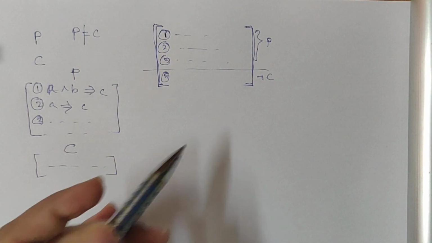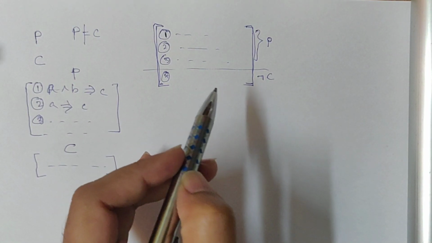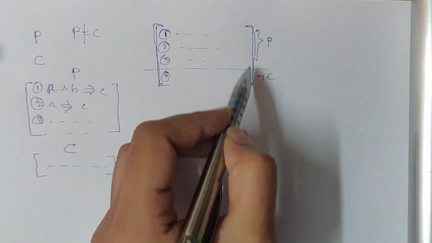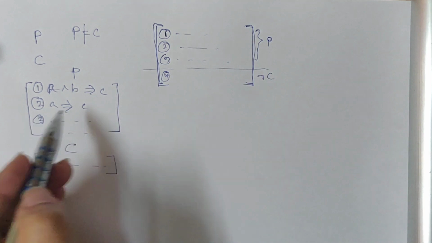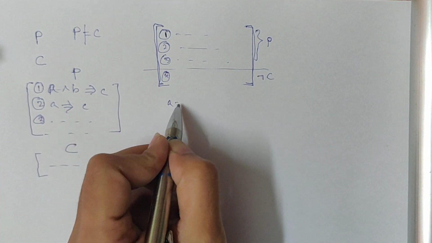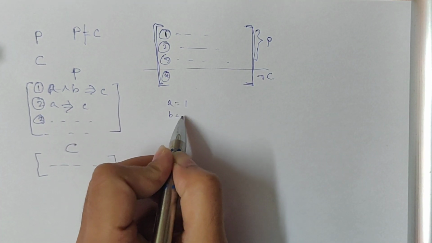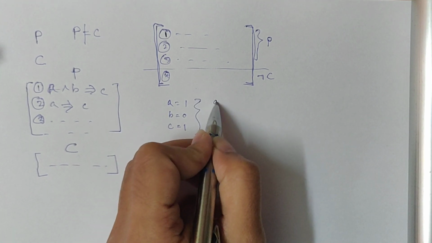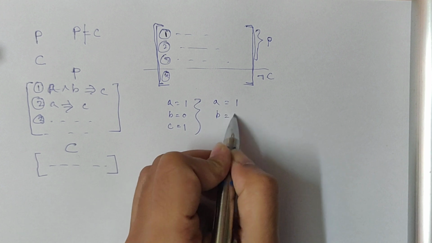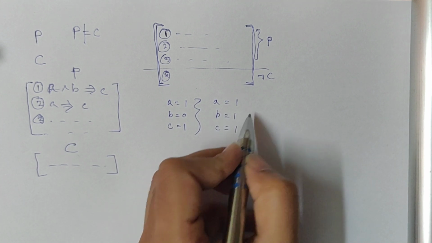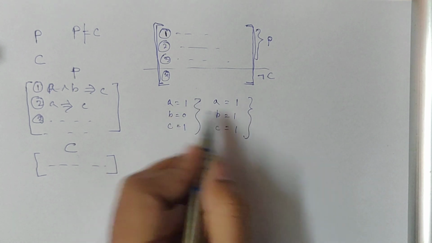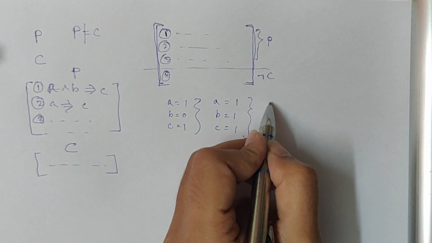So for example, let me take A equal to 1, B equal to 0, C equal to 1. A equal to 1, B equal to 1, C equal to 1. Maybe these are the propositional variables that are making up these sentences.